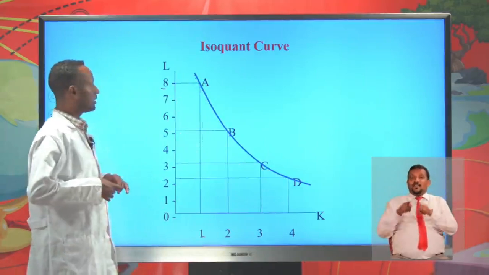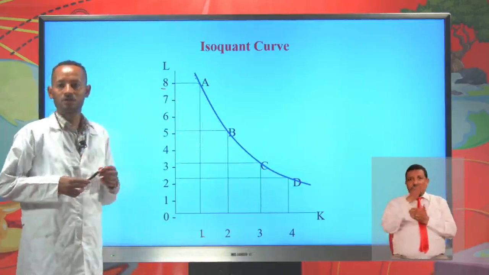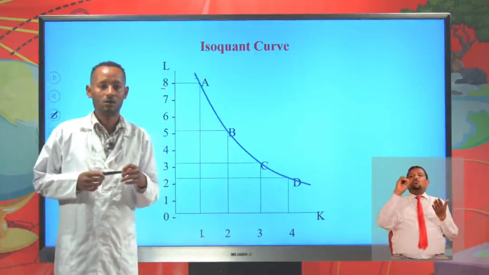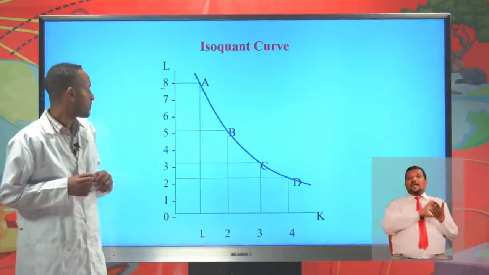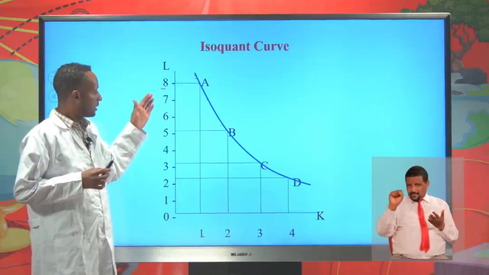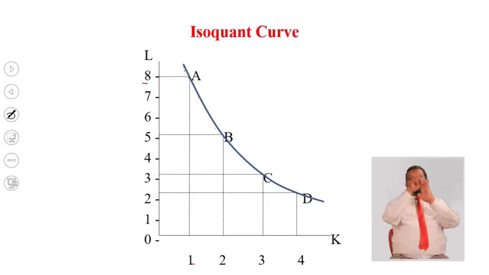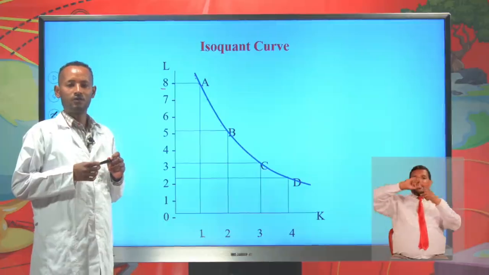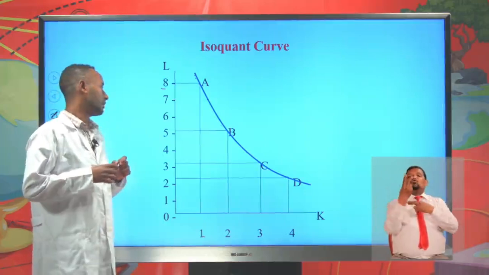Now, let's see some of the properties or characteristics of isoquants. First of all, isoquants are negatively sloped. Isoquants are downward sloping curves because there is an inverse relationship between the two variables, capital and labor.